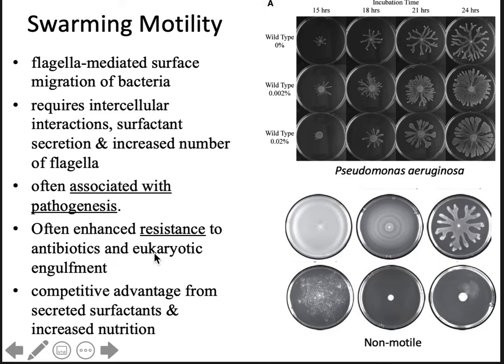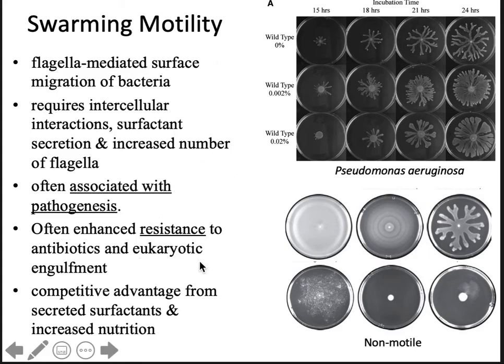We also see that they're able to get away from being eaten. An amoeba, for example, likes to eat bacteria, and it's not going to be fast enough to get its hands on, well, they're not real hands, pseudopods, but amoeba are not going to be able to engulf bacteria that are able to swarm.